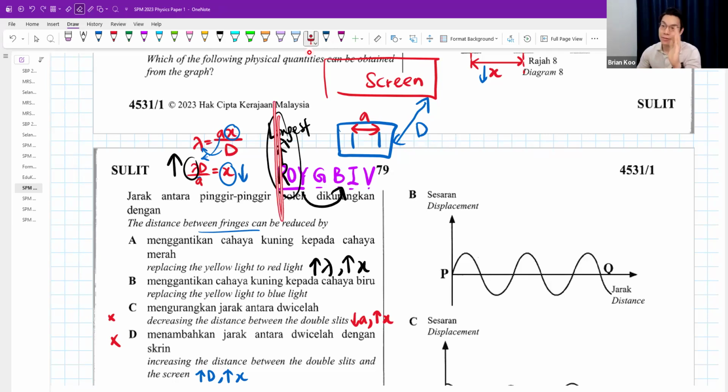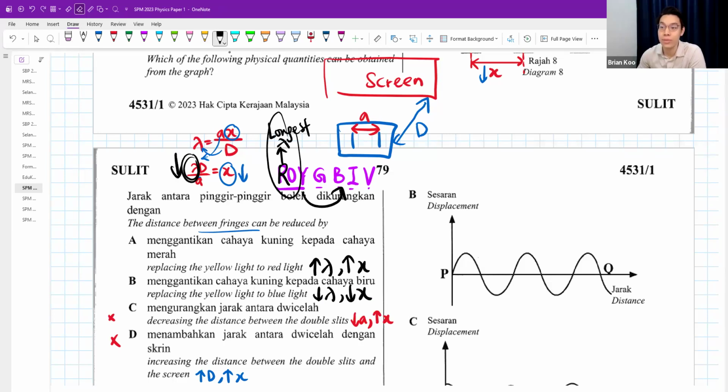Remember, on the left it is the longest lambda. If you go to the right side, it is shorter and shorter and shorter. So yellow becoming blue becomes shorter. You make the lambda shorter. What happens? The x will increase. Sorry, the x will decrease. Smaller lambda, smaller x.